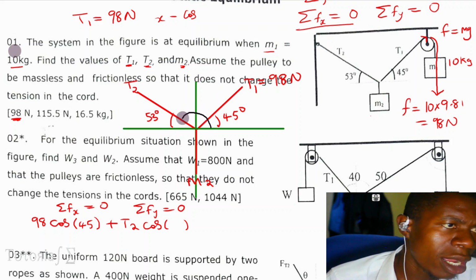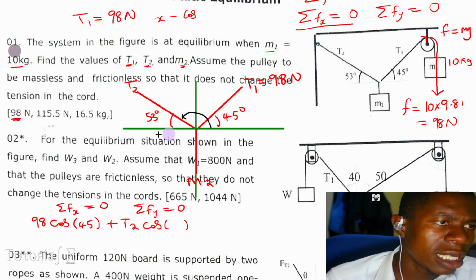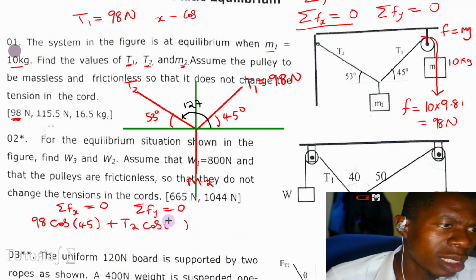Since this is a straight line and we have 53 there, we subtract 53 from 180, which gives us this angle as 127.